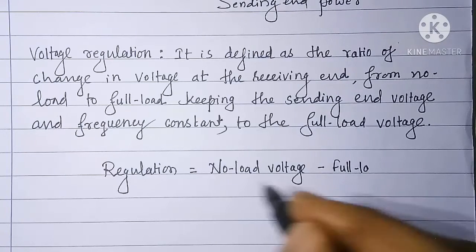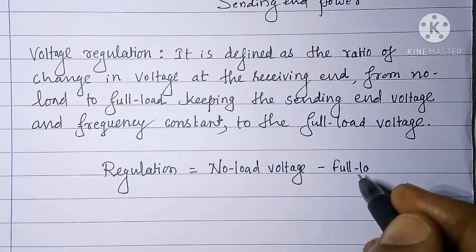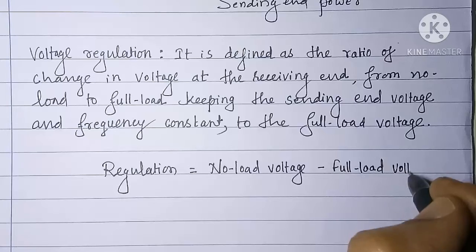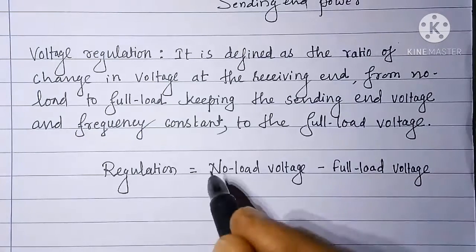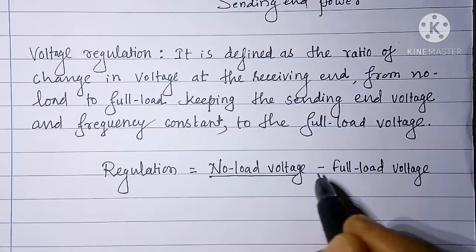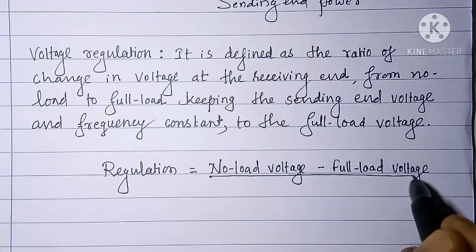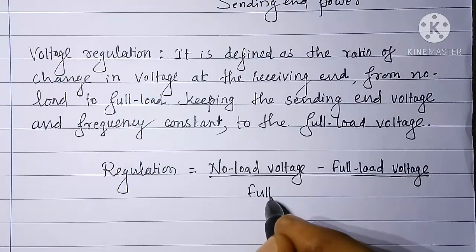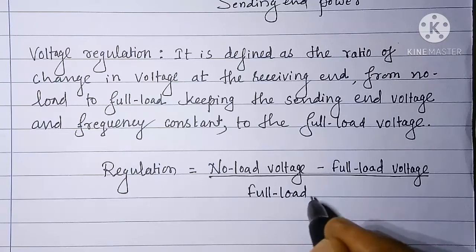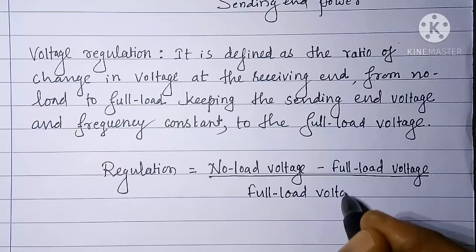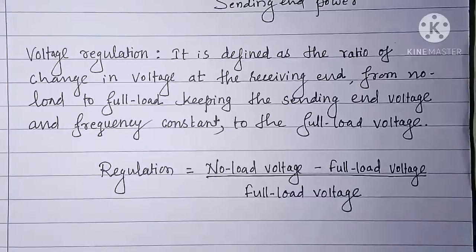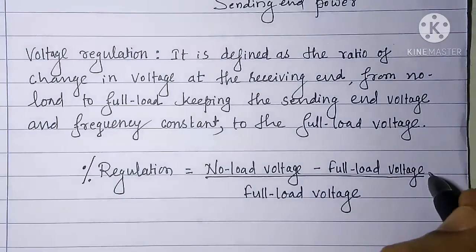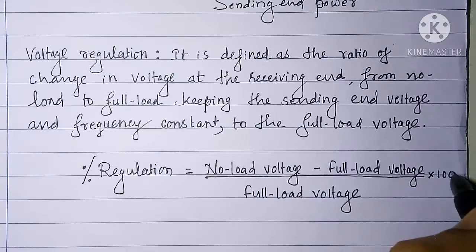That means we are calculating here change in voltage from no load to full load, divided by full load voltage, and if we need percentage regulation, we have to multiply the ratio by 100.